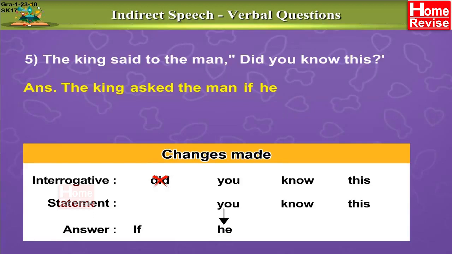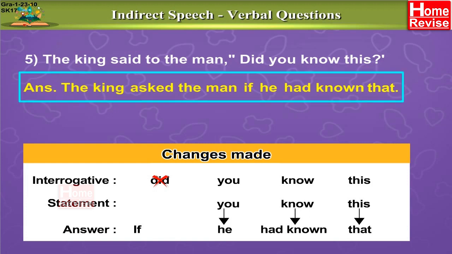Knew is the simple past which changes into had known. This becomes that. Let's see how it happens. The king asked the man if he had known that. And that is the reported speech of verbal questions.